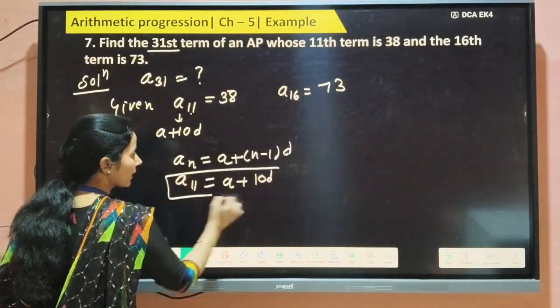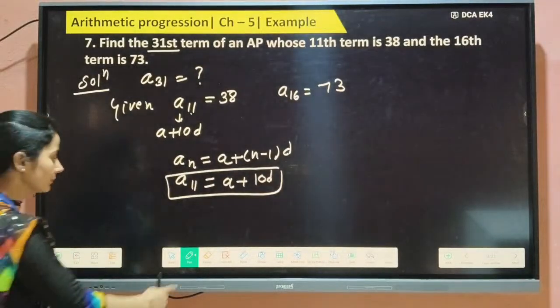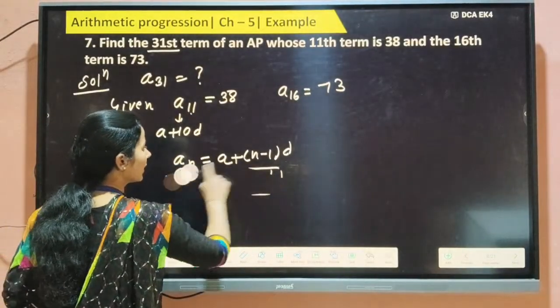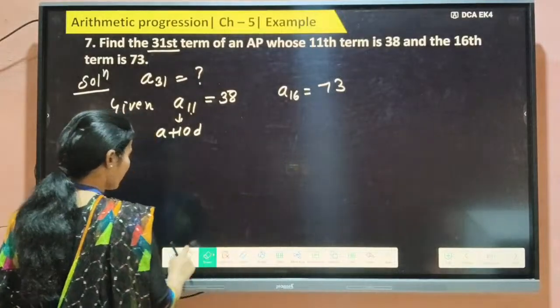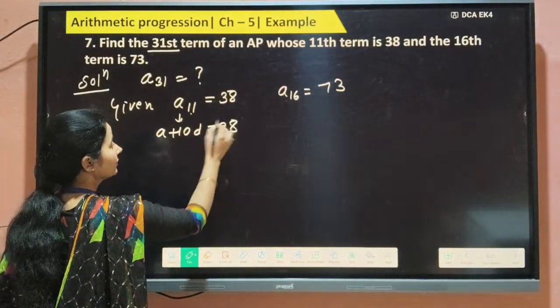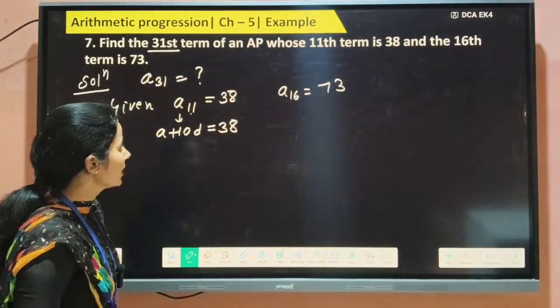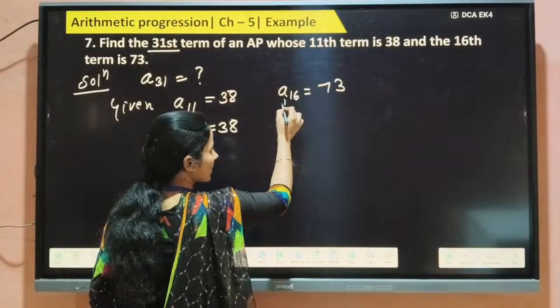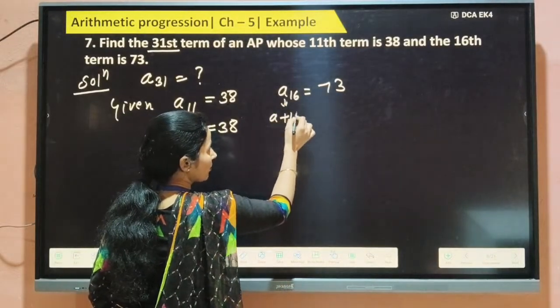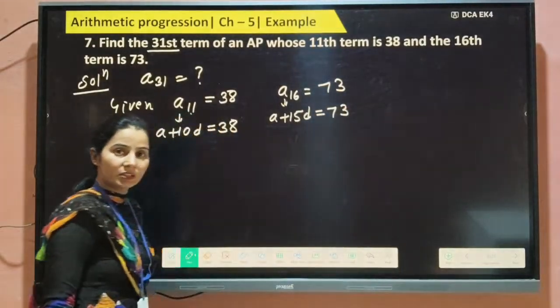So directly we can write A11 is a plus 10d, which equals 38. Similarly, A16 I can write as a plus 15d equals 73.